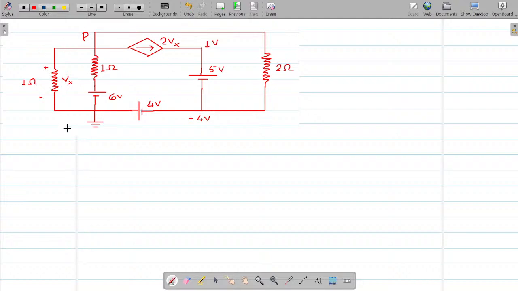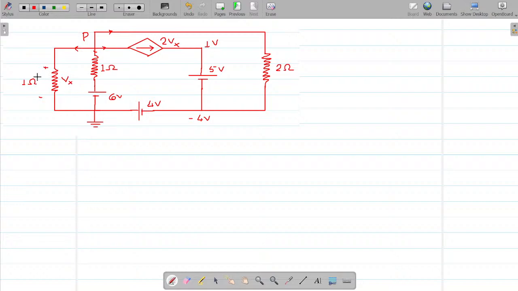A node here and a lot of branches here. So what do we know from KCL? We will assume all currents to be outgoing. The simple basic funda: assume all currents to be outgoing. So what are the currents here that we need to look into? One current would be this, one current would be this, one current is this, one current is this. So there are a total of 4 currents here. But we are not sure of the current in this branch. Why? Because it is dependent on this.